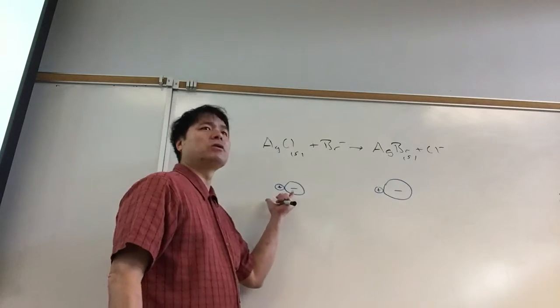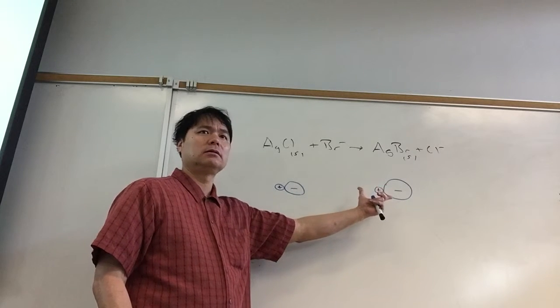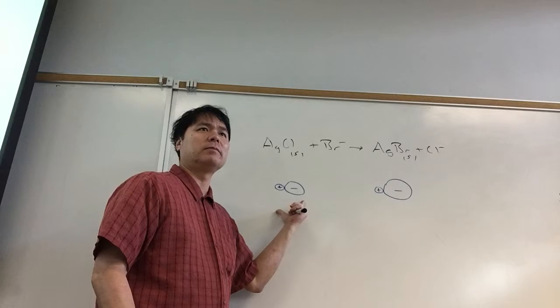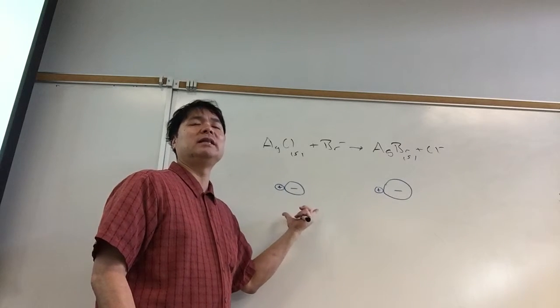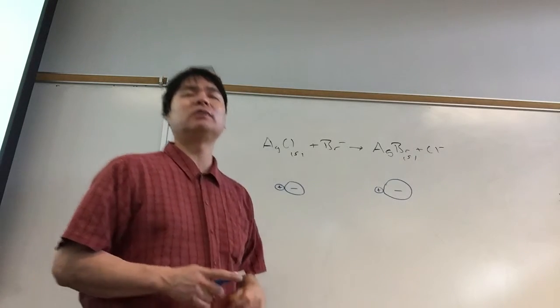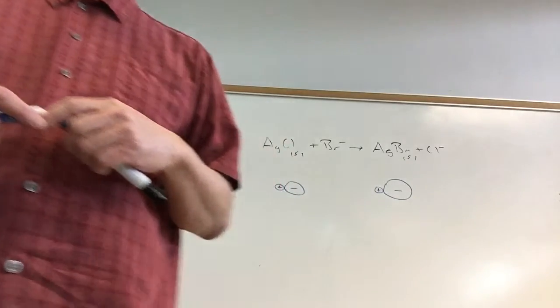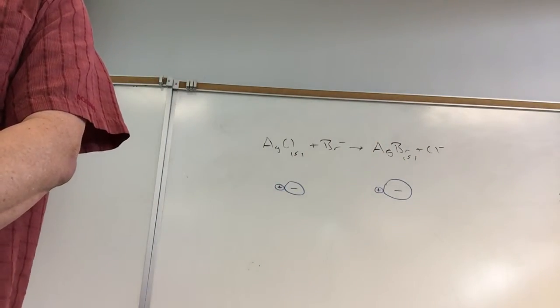So which one's going to be harder to break apart, silver and chloride or silver and bromide? Silver chloride is going to be harder to break apart. So we expect silver chloride to be less soluble than silver bromide if the bonding were 100% ionic. But is the bonding 100% ionic?